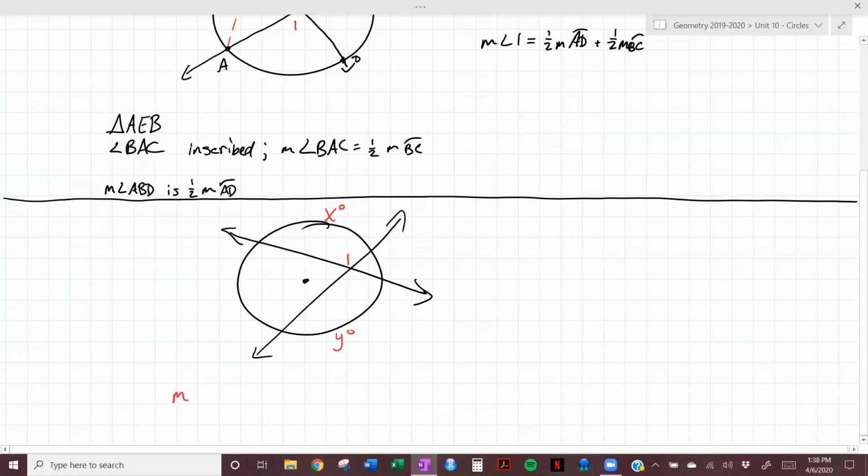We can figure out the measurement of angle 1 is 1/2 x plus y. Okay, so this is in general.